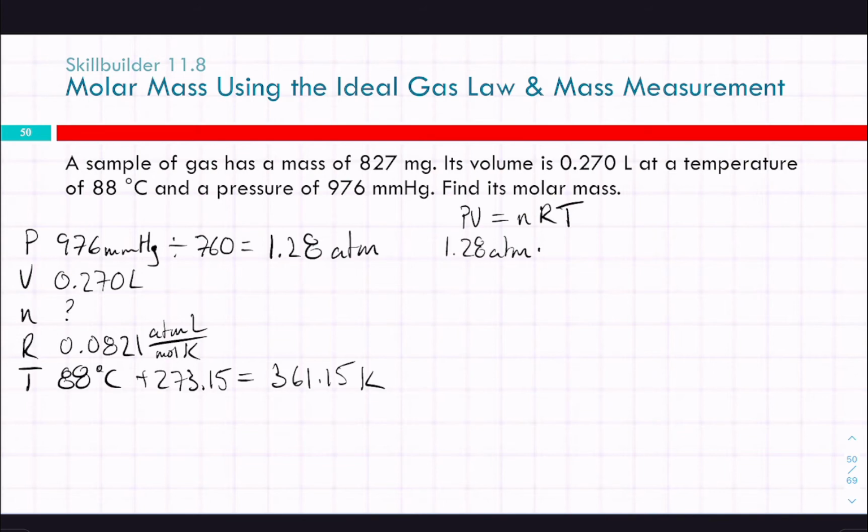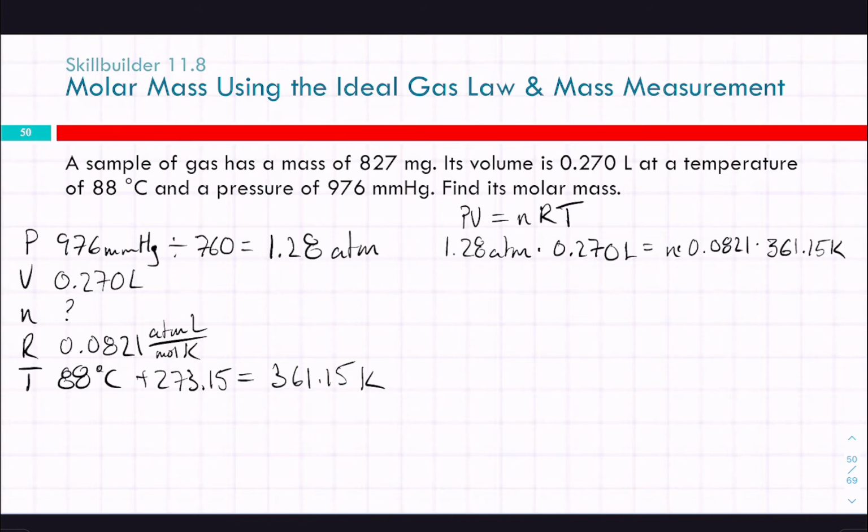So atmospheres times 0.270 liters. We're looking for n. That's our R value. And our temperature will be 361.15 Kelvin.